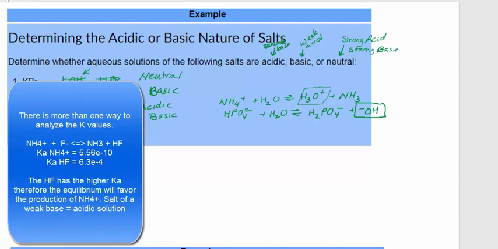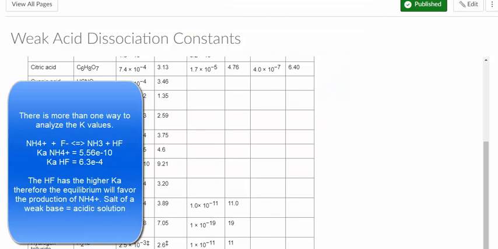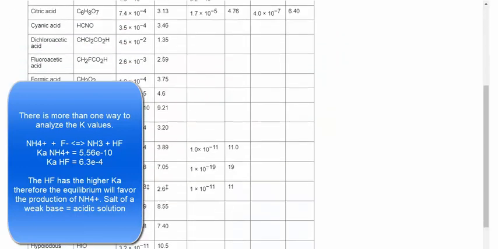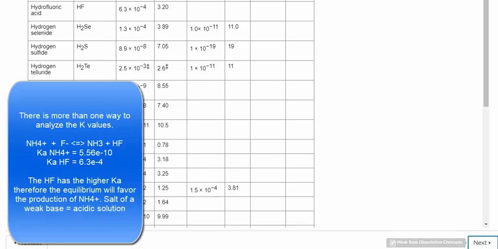I'm going to write that down over here. We're going to need that Kb, however, and then we're going to have our ammonium. And for that, that's going to be on the Kb side, and I'm going to need to calculate that Ka. So the Kb is 1.8 times 10 to the negative 5.